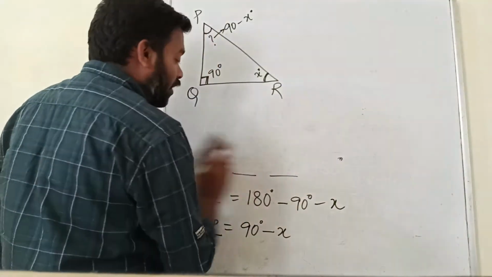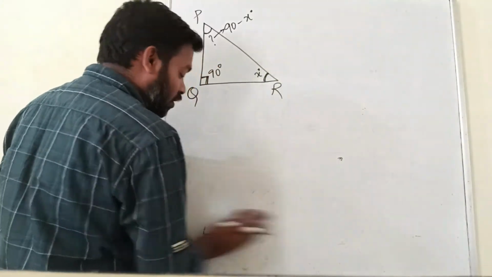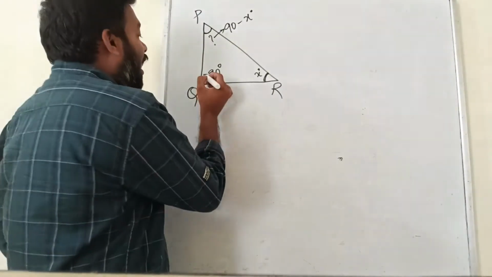Already we know that we are going to find out trigonometric ratios for the angles other than 90 degrees.